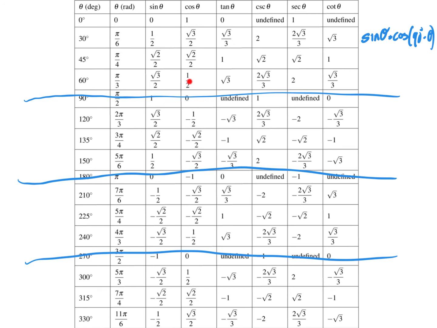We get these right here. So if we just know sine from 0 to 90, we can get cosine, tangent, cosecant, secant, and cotangent from 0 to 90. And then using the symmetry, we can get quadrants 2, 3, and 4.